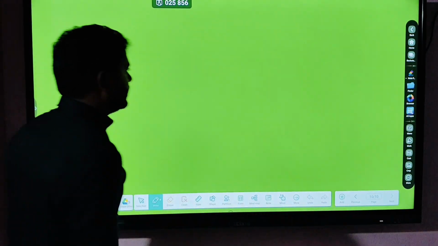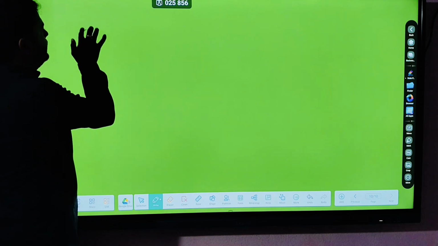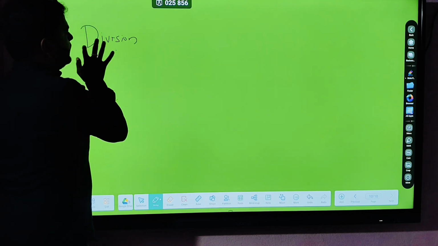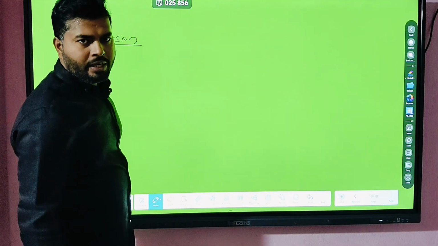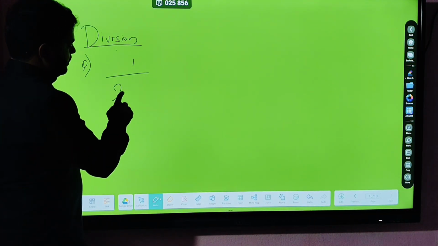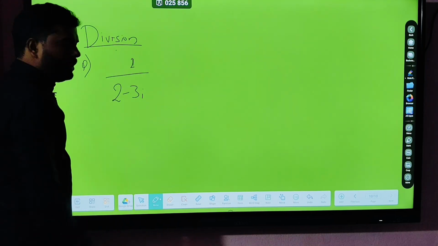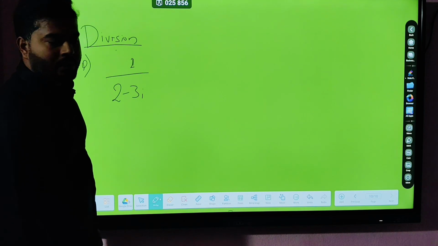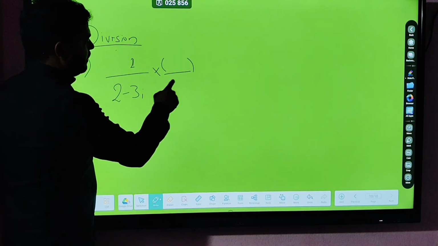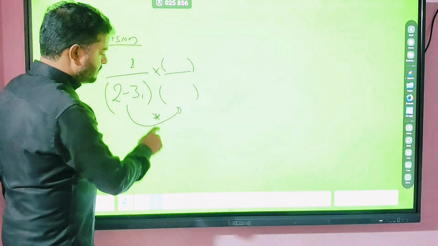Okay, let's do one question of division as well. In division also, conjugate plays a very key role. So let's say you have a question as 1 upon 2 minus 3 iota. For this division, what we do is multiply and divide by the conjugate of this one.